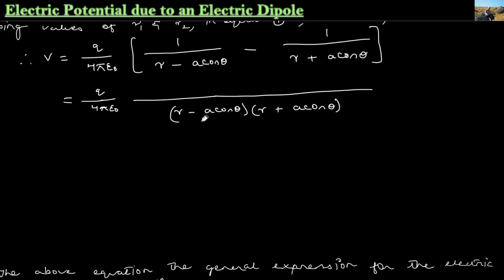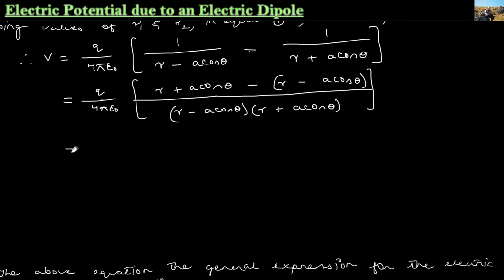When you divide the LCM by this denominator, you'll get r plus a cos theta, and when you divide by the other denominator, you'll get r minus a cos theta. Put that within a big bracket.